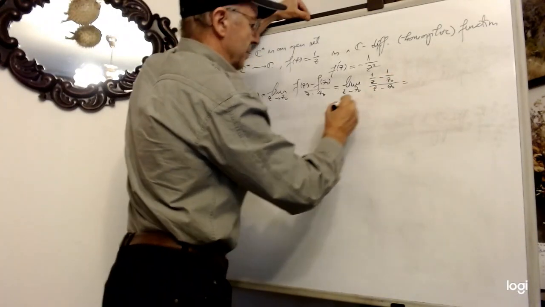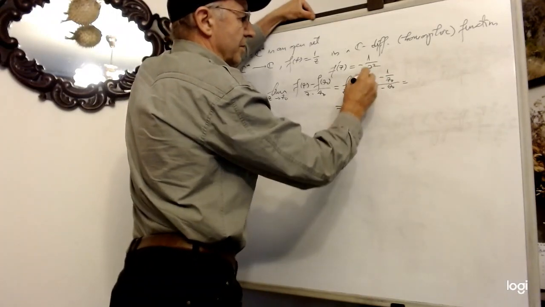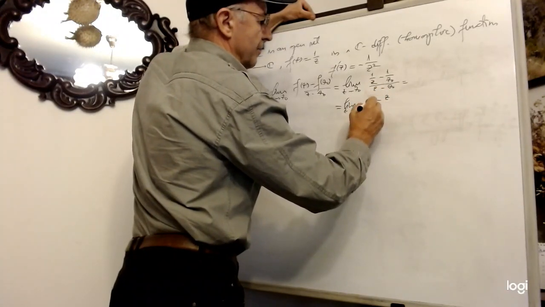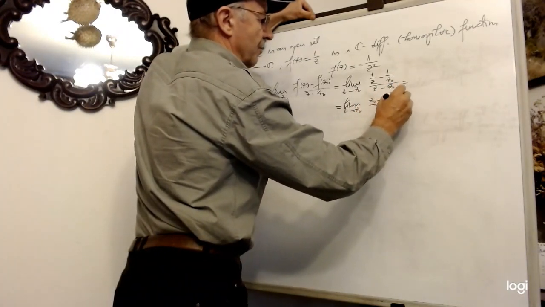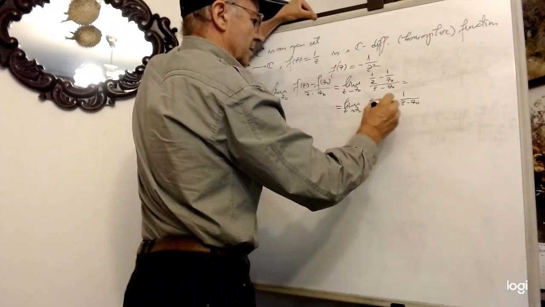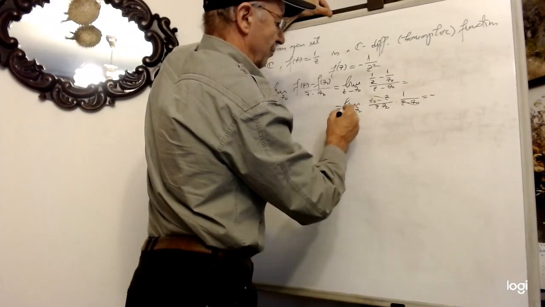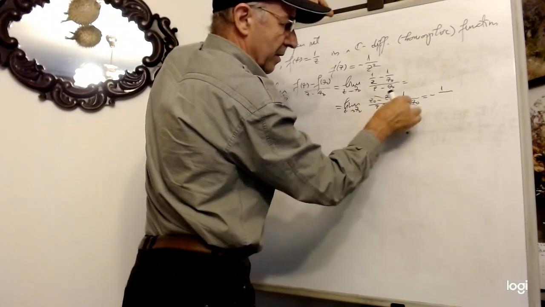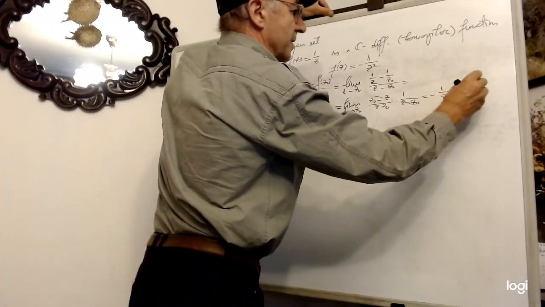Here we get z0 minus z over z0 z, times 1 over z minus z0. We can simplify here and we get minus 1 over z0 squared, and this for any z0.